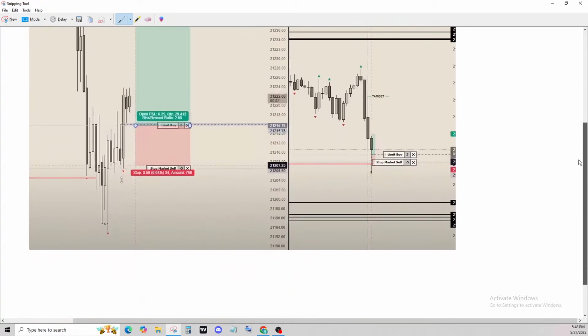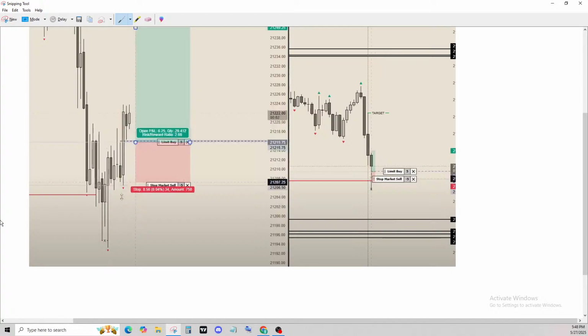Now, in today's trade, this low that I have marked out was not a fractal low. This would be the fractal low that I'd be looking for price to come down, sweep under, and then we get our move higher.